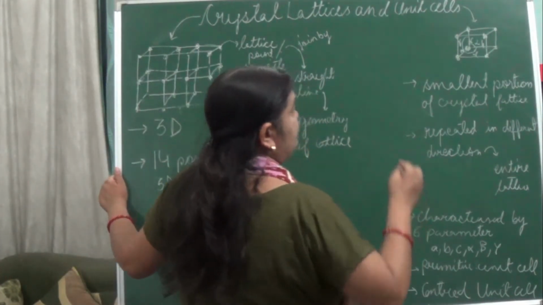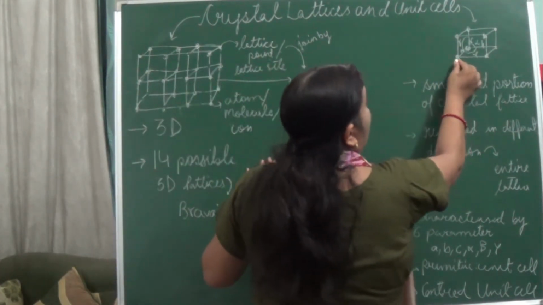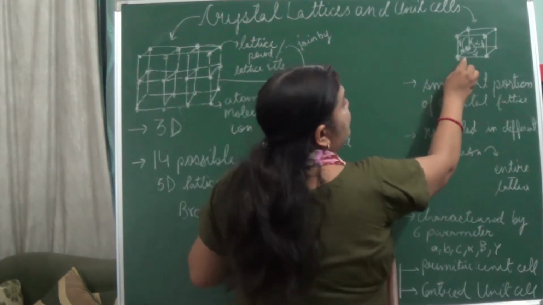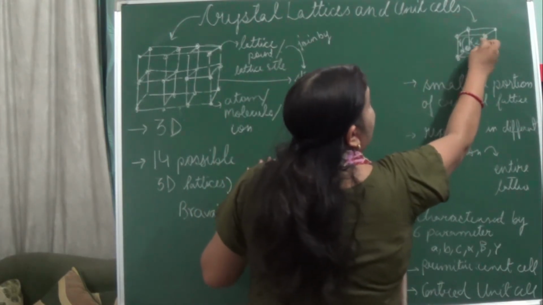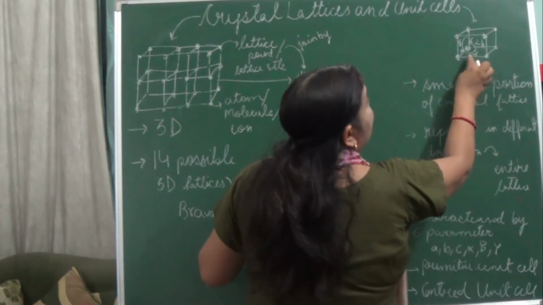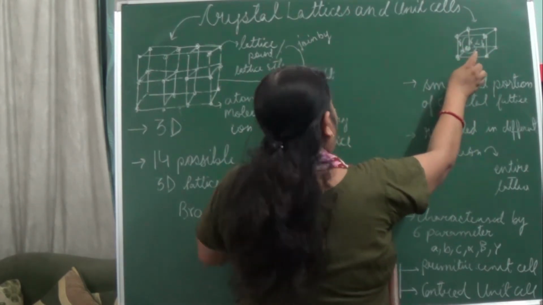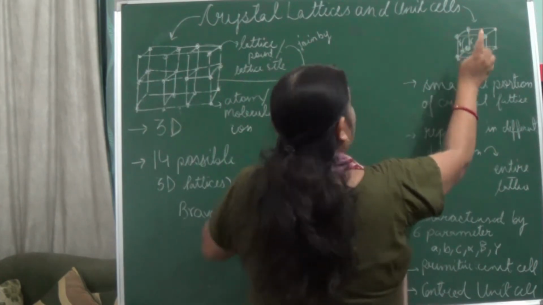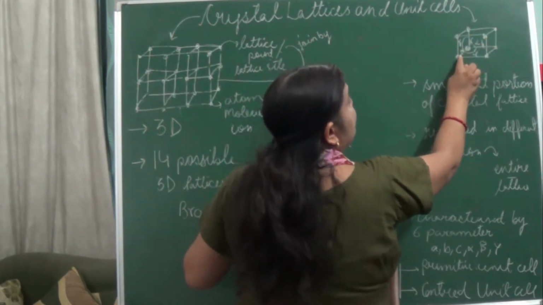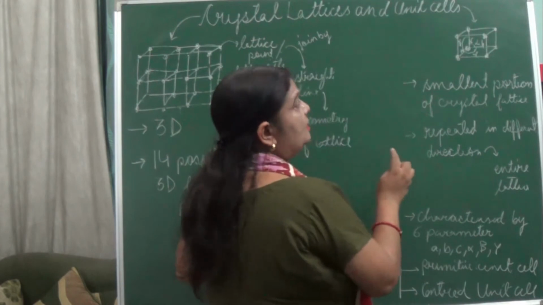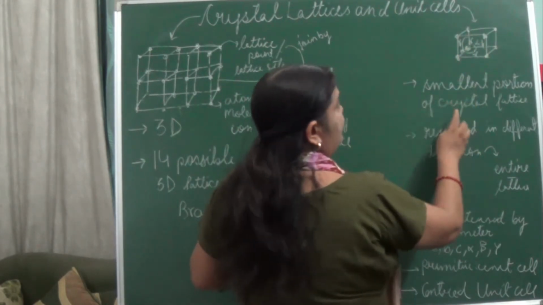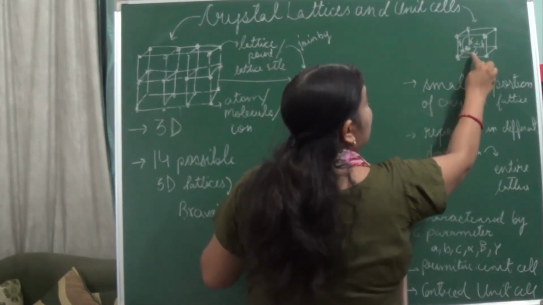Okay, whole lattice. You can see over here a small unit cell, A, B, C, D. You can see here these angles are represented. This is A, this is B, this is C. A and B are the sides, and C is the height. Here you can see the angles between them.